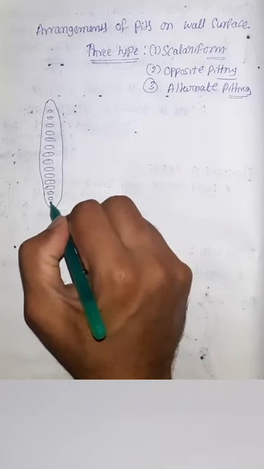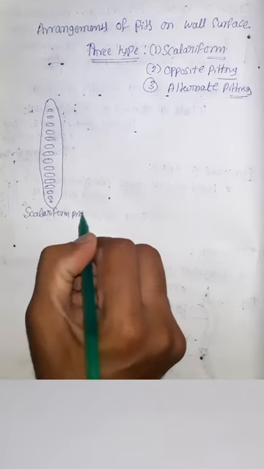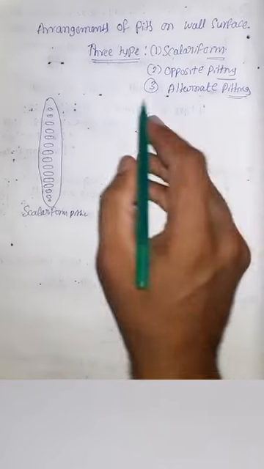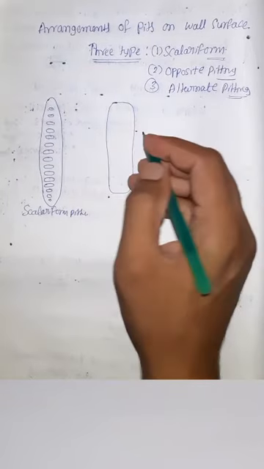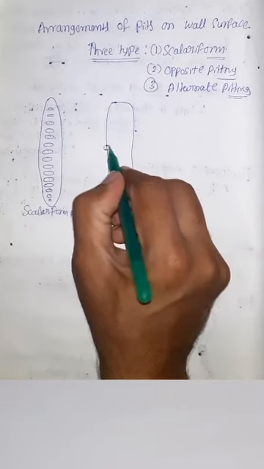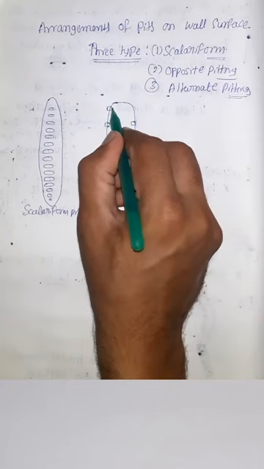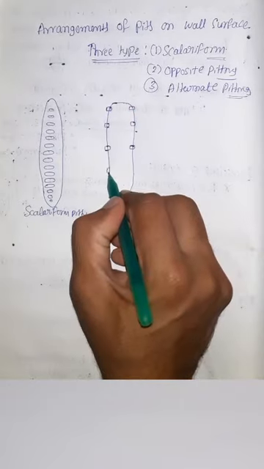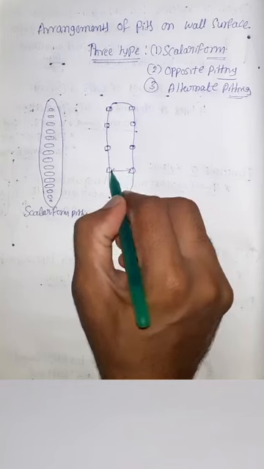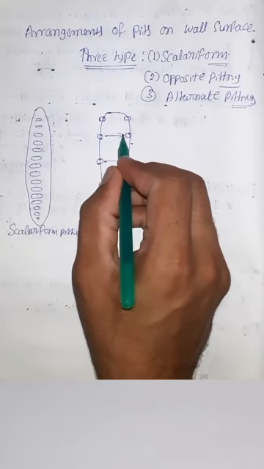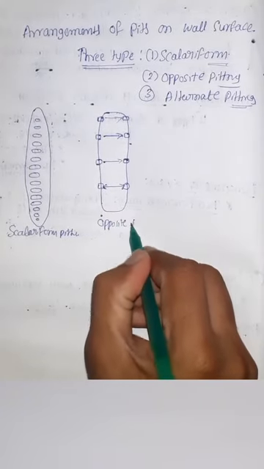This type of pitting is known as scalariform pitting. Coming to opposite pitting, for example it is a cell of vessel. Here the pits are located on opposite walls like this. Here is a pit, and another pit is located exactly opposite to it. This is opposite pitting.